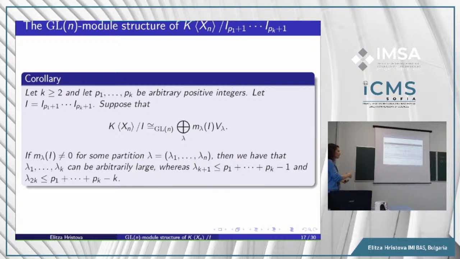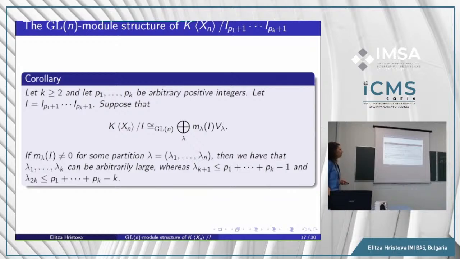Using the previous results and some methods to relate this algebra, when it is a product, to the other algebra, we get a result which says that if we have a non-zero multiplicity in the decomposition, then we have no restrictions on the first k rows of the Young diagram, and then for the k plus first row we have this restriction, and for the 2k-th row we have this restriction on the Young diagram.